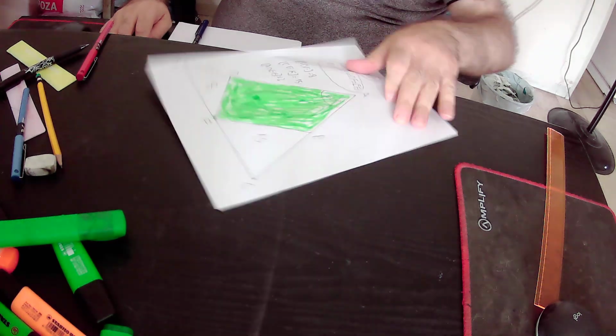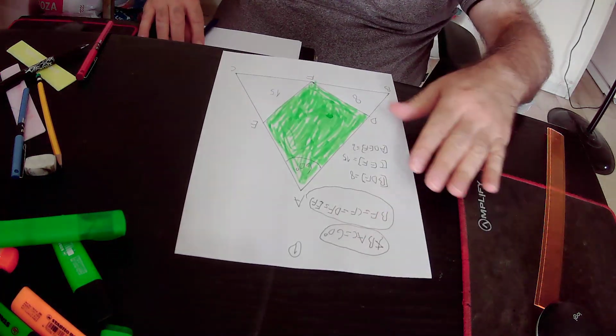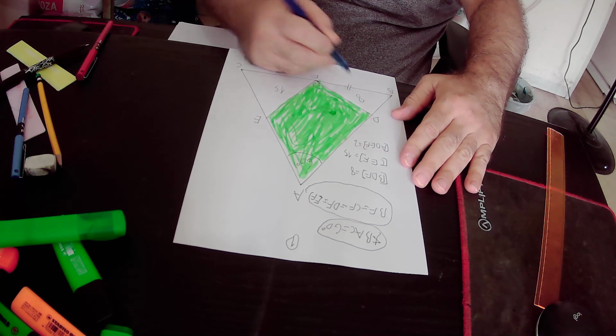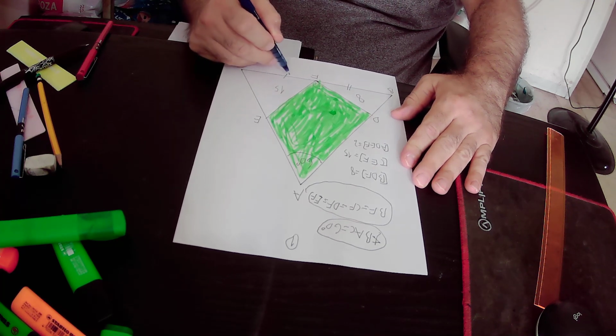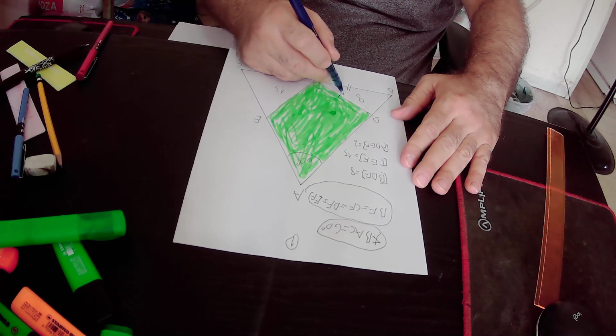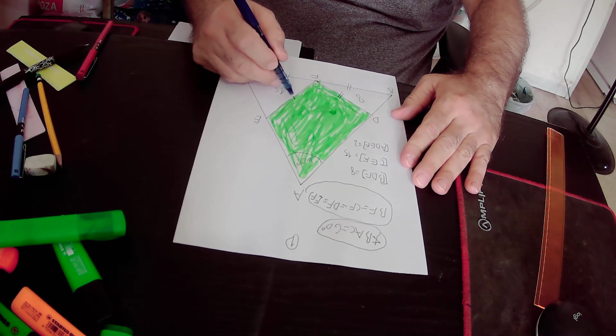We also know that BF equals CF equals DF and equals EF.